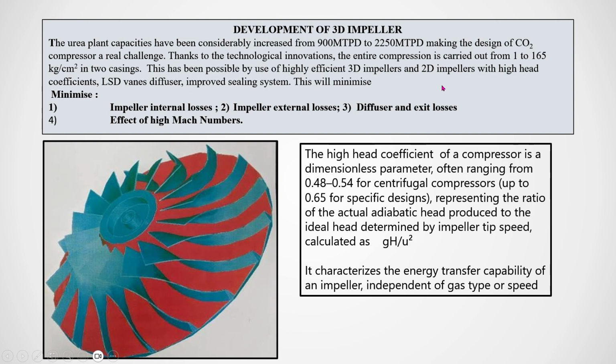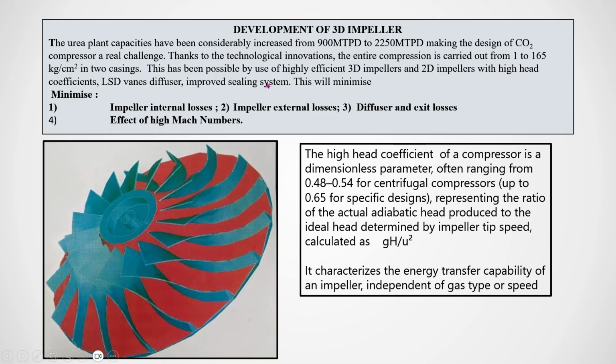So the CO2 compressor is designed to operate at 160 kg pressure. That has become possible by using efficient 3D impellers and 2D impellers also, with high head coefficients, and LSD (low solidity vane) diffusers.